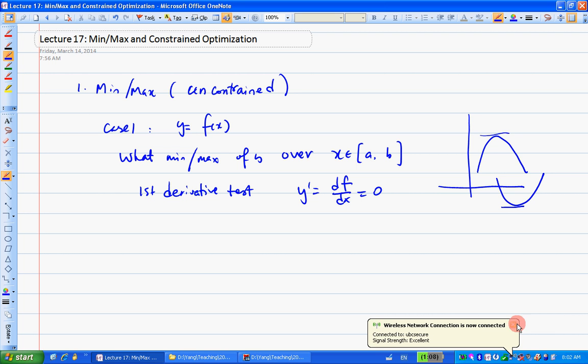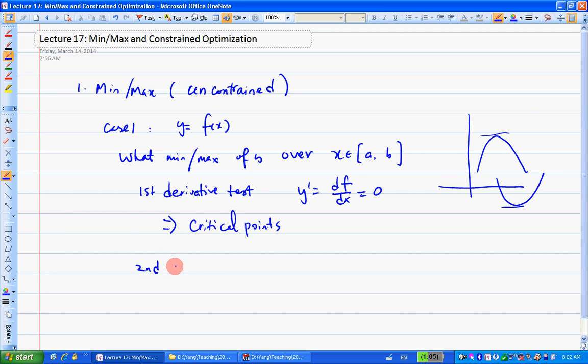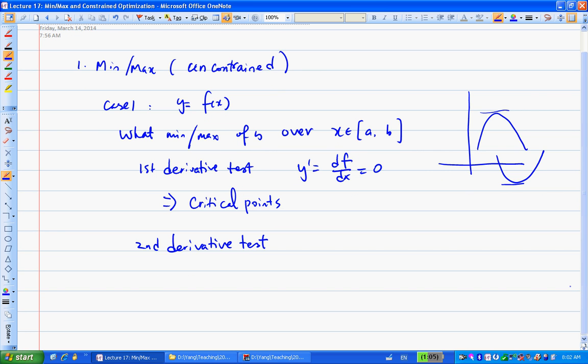But slope being 0 only tells you the location where the minimum or maximum is, but it doesn't tell you whether it's a minimum or maximum. So the first derivative test gives you so-called critical points. And what we need is a second derivative test, to give us the information whether it's a maximum or a minimum, right?